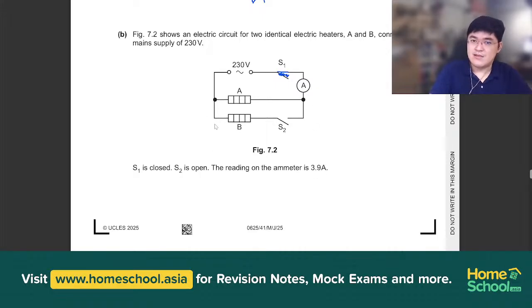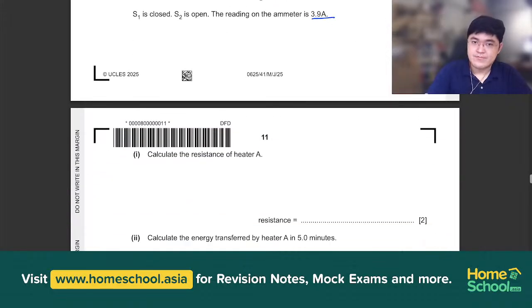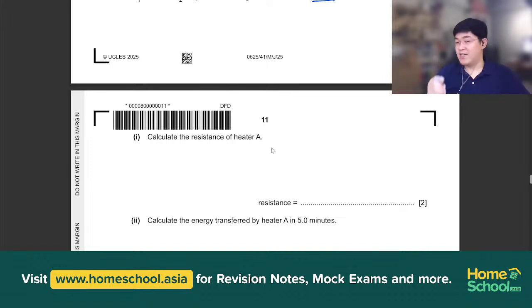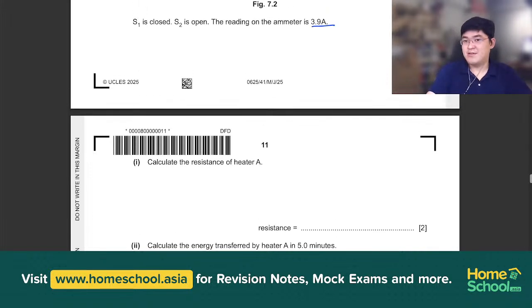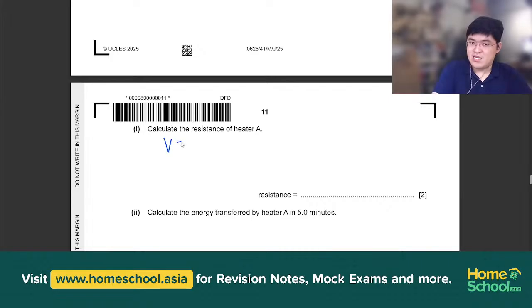So let's ignore this part over here. We get a reading of 3.9 amperes when switch 2 is open, which means the circuit has a current reading of 3.9 amperes. So let's calculate the resistance of heater A. We know that V equals I times R. Now we want R as our subject, so we divide by I on both sides.